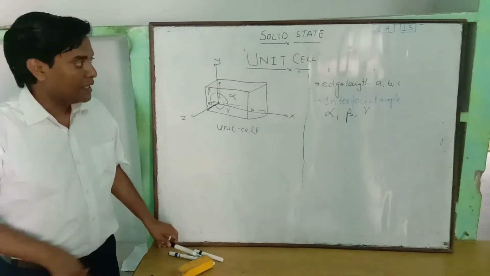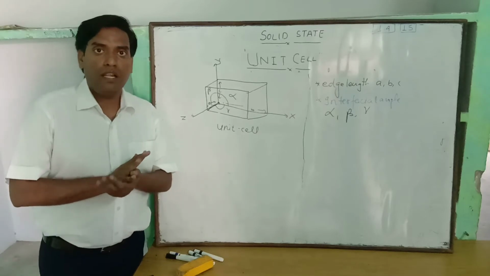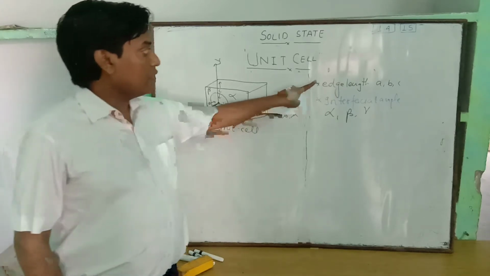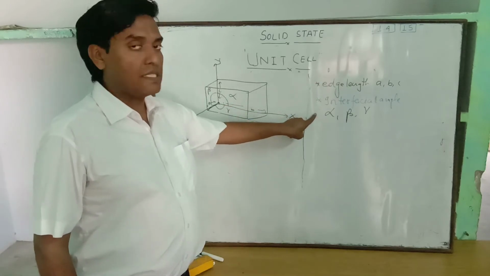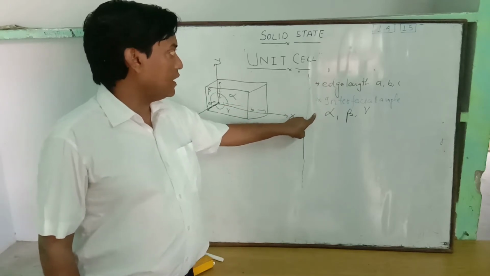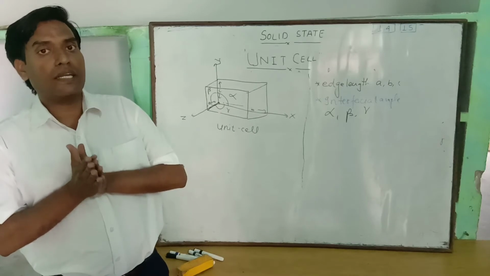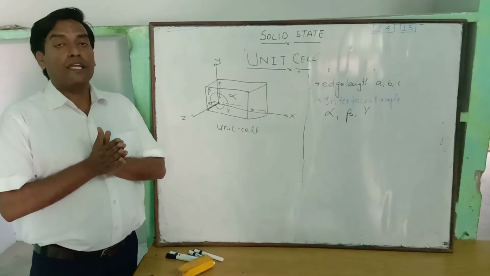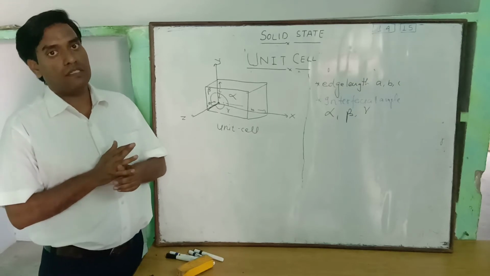In our room, these interfacial angles are equal and all of them are 90 degrees. But on the basis of these edge lengths and interfacial angles, unit cells are categorized into 7 forms, and they are known as the 7 crystal systems.